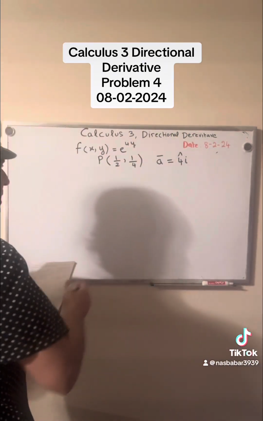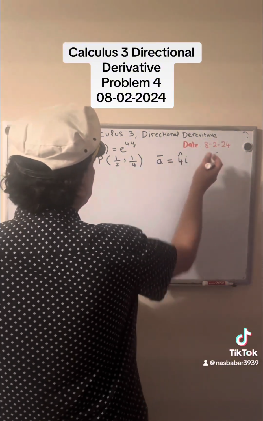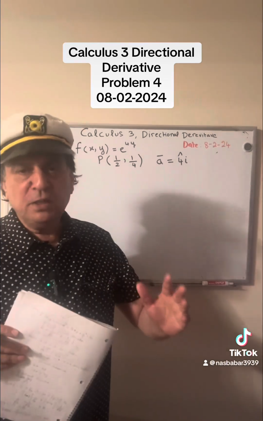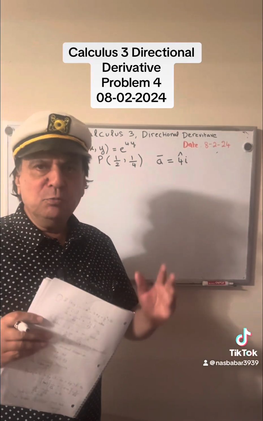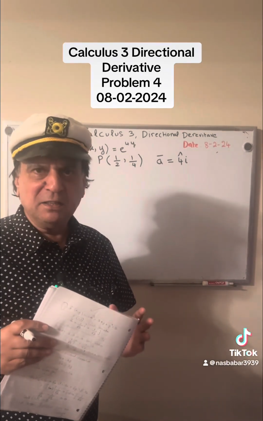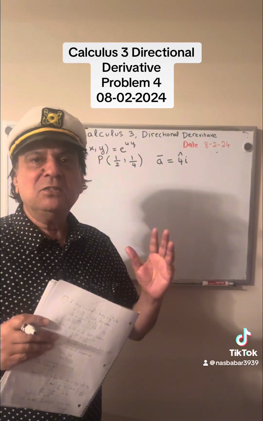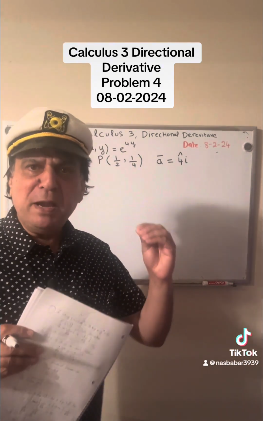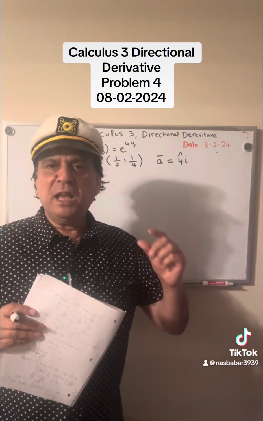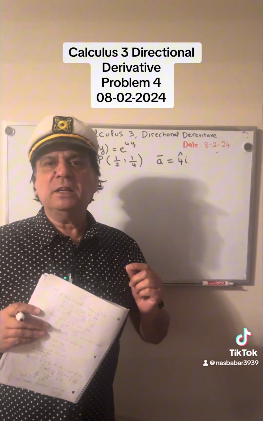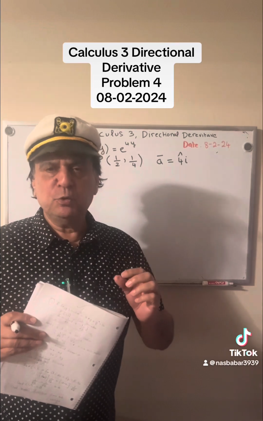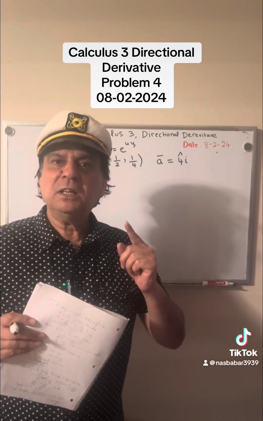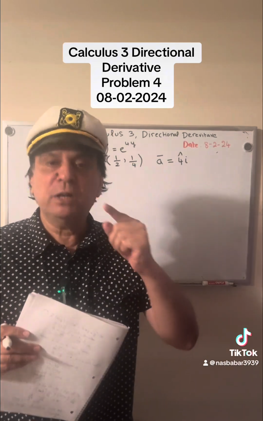So in this particular case, I don't see a y component. We just have an x component. So the first thing we need to do is make sure that it is a unit vector. That is the mandatory condition: in order to find a directional derivative, you have to make sure that the length of your vector is 1, that it is a unit vector.